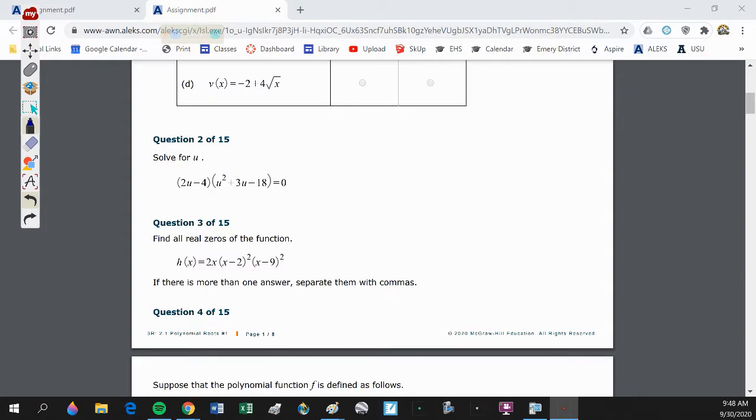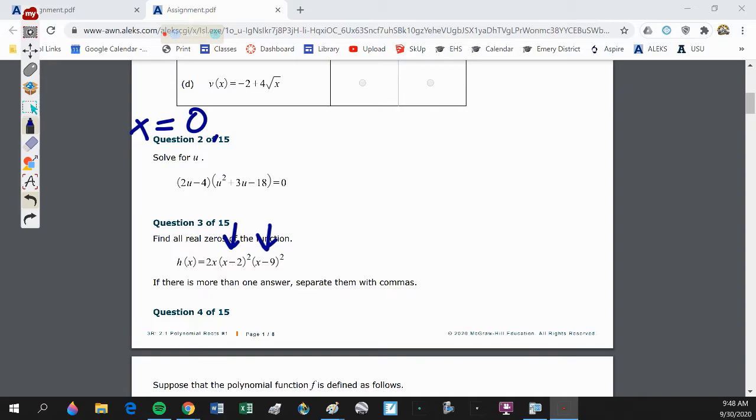Same thing here, but notice this one happens twice and this one happens twice. So my roots would be x is equal to, what's the root there? What number makes that 0? Nope, 0.